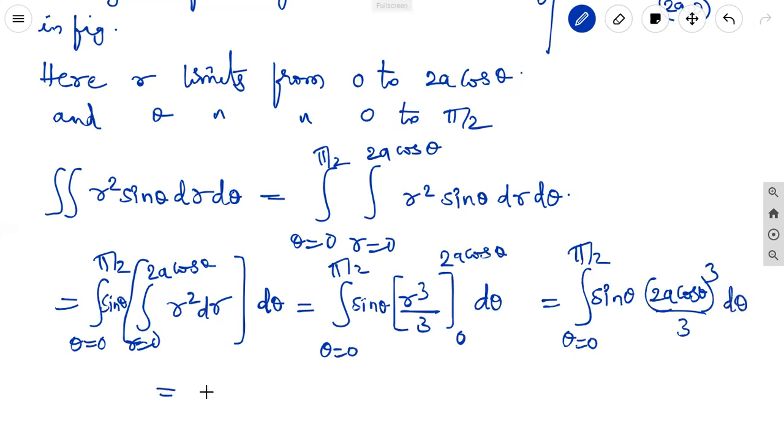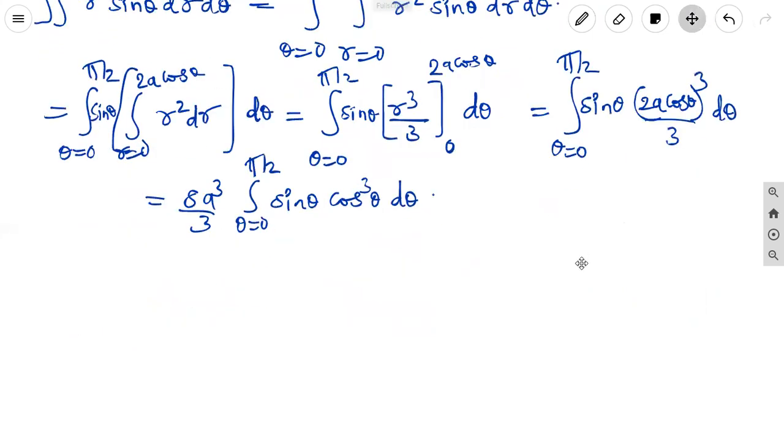It is equal to 8a³/3 outside, integral from 0 to π/2 of sin θ cos³ θ dθ. Now the derivative of cos θ is minus sin θ. Let cos θ = t. Then the differentiation gives minus sin θ dθ = dt.